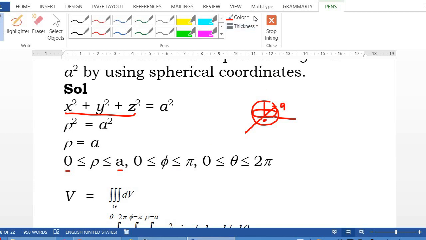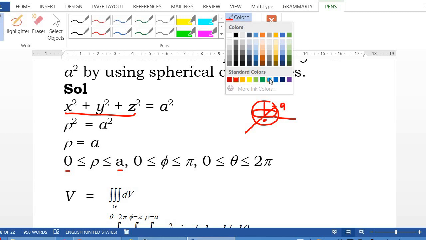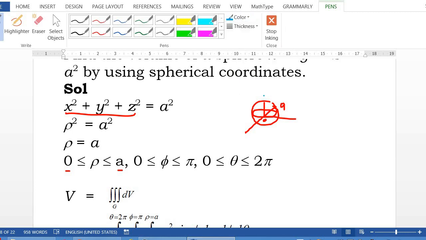How do we get phi? Remember, phi is measured from positive z. Phi makes an angle with the positive z axis and the radius of the sphere.